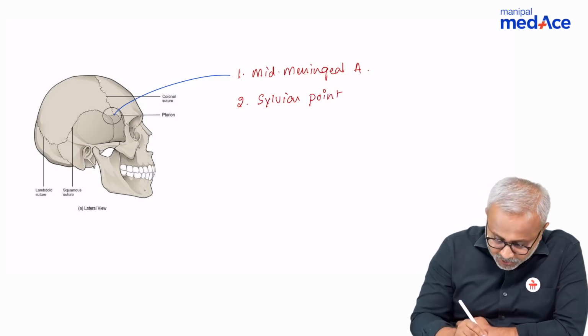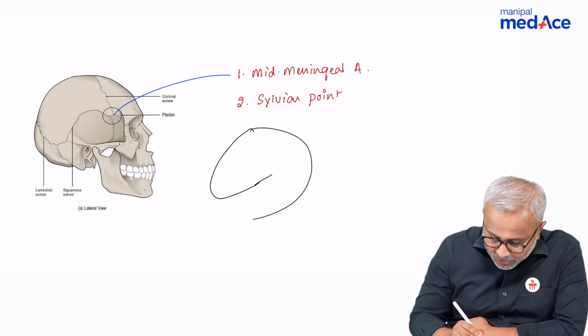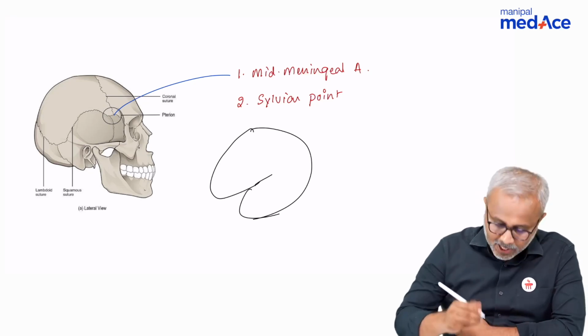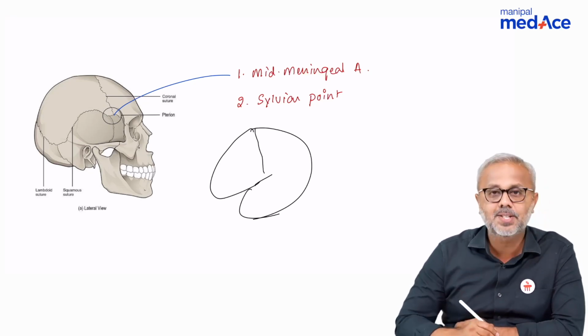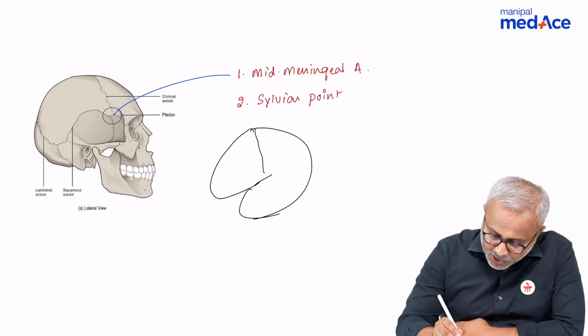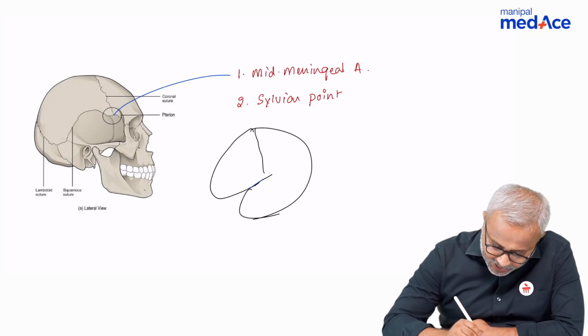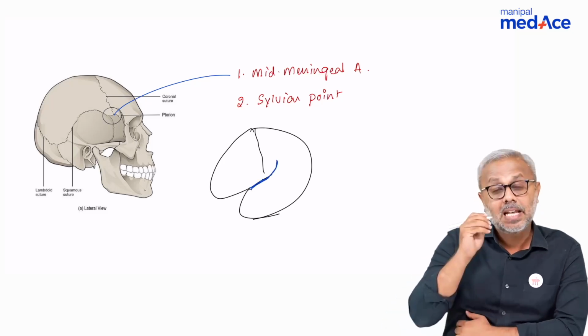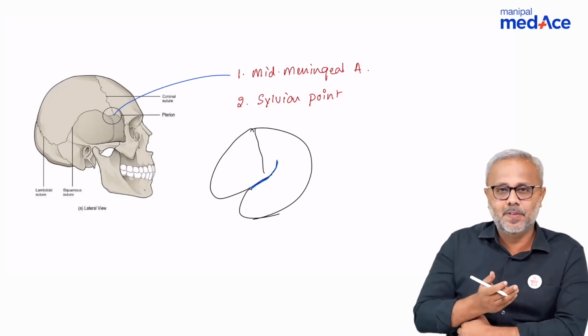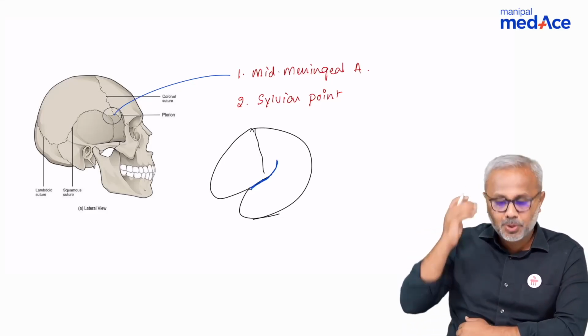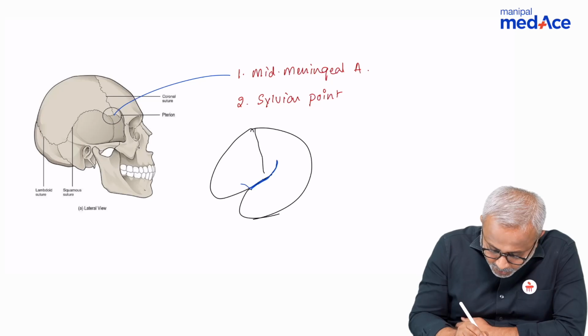If you remember the outline of the superolateral surface of the brain, right? So we have the central sulcus and then we have one of the most important sulcus, and let's say this is that posterior ramus of lateral sulcus. Lateral sulcus begins from the inferior surface of the brain, and when it cuts the superolateral surface, at a point it gives rise to three important rami.